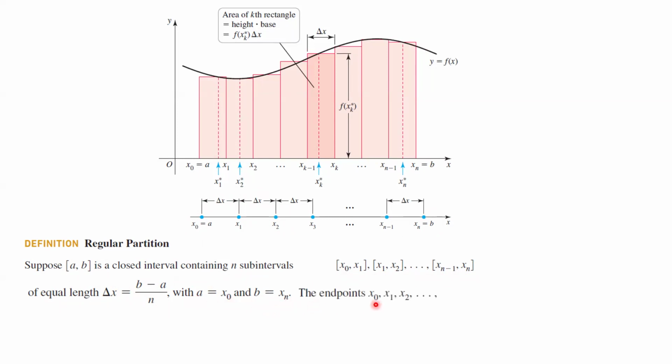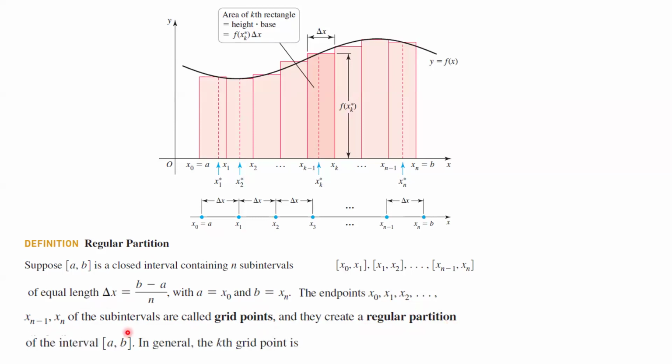The endpoints x sub 0, x sub 1, x sub 2, x sub n minus 1, x sub n of subintervals are called grid points. They create a rectangle partition of the interval a to b. In general, the kth grid point is x sub k, which is a plus k times delta x.